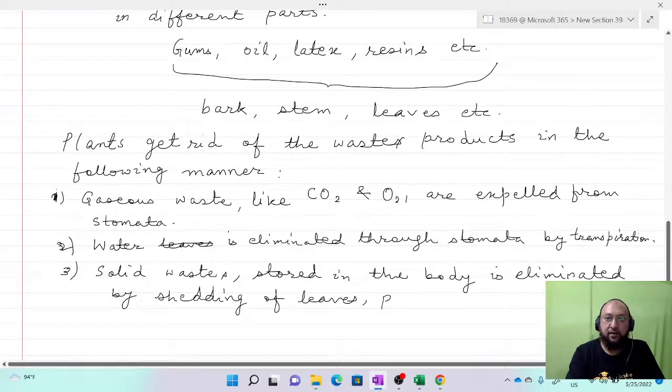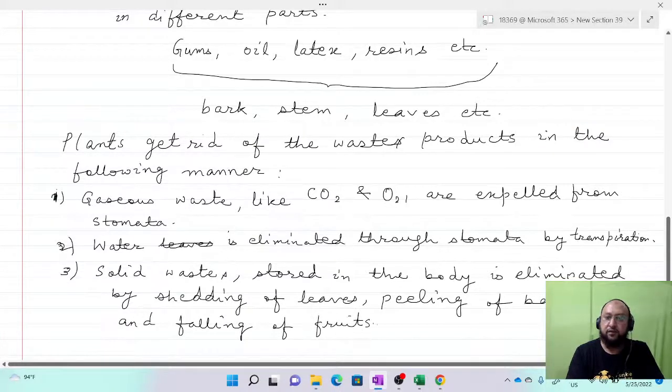Peeling of bark and falling of fruits. Okay.